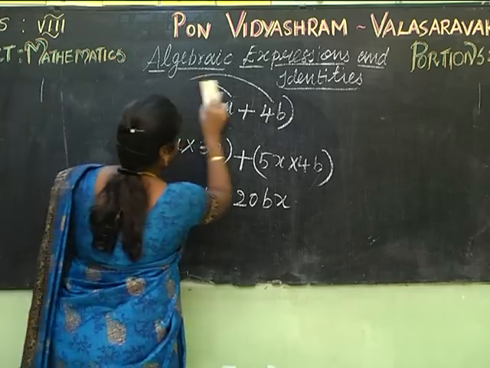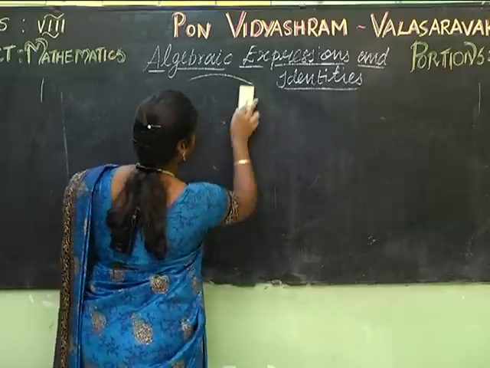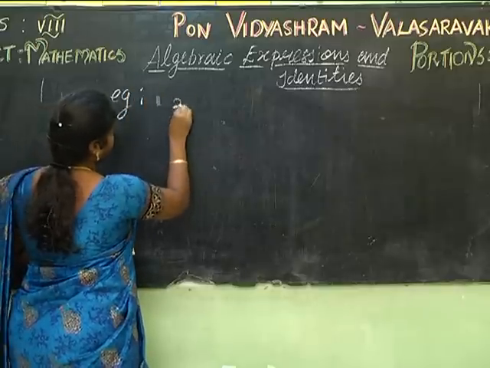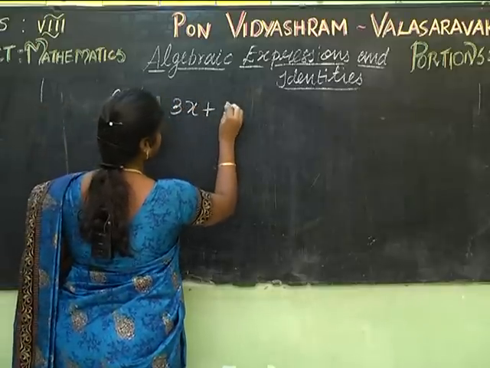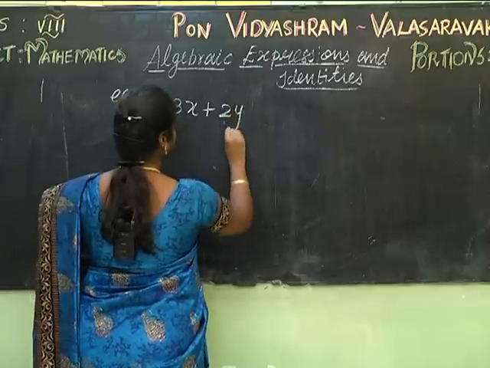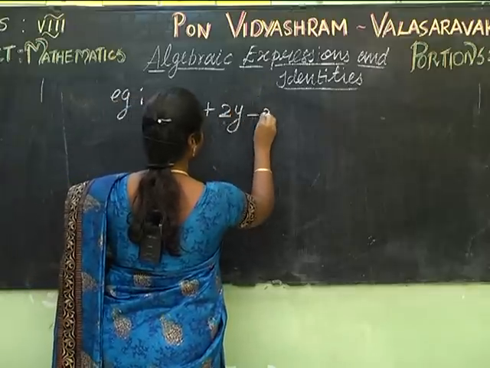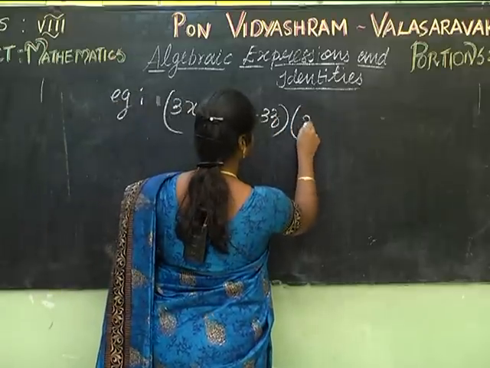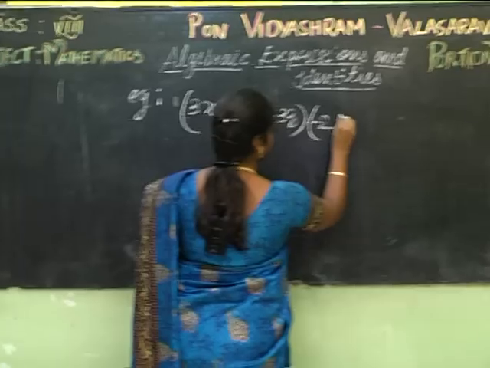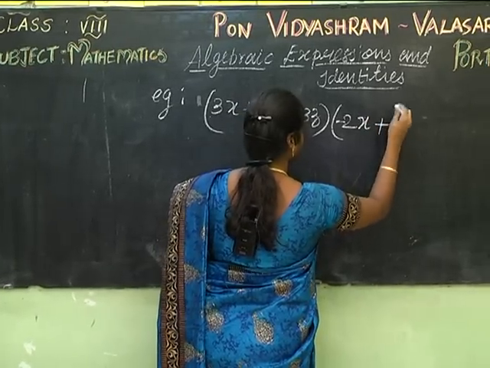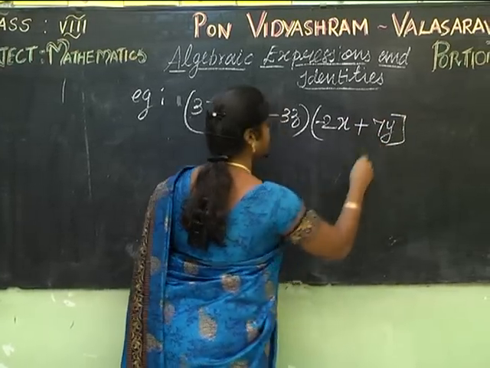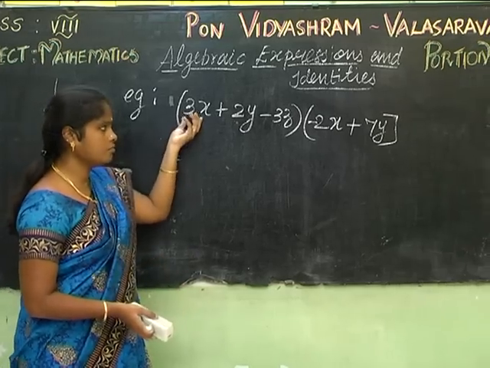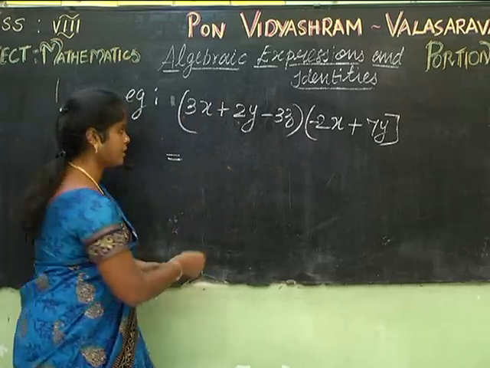Now I am going to give an example for a polynomial by a polynomial. This is the last example. This is also a type of polynomial. First, take the first term into the second bracket, the second expression.